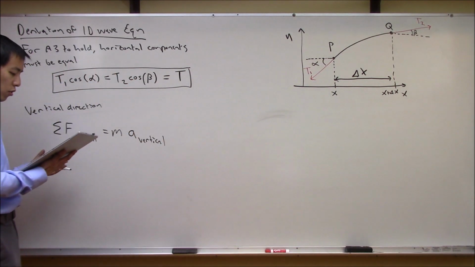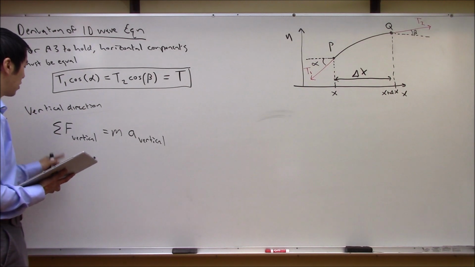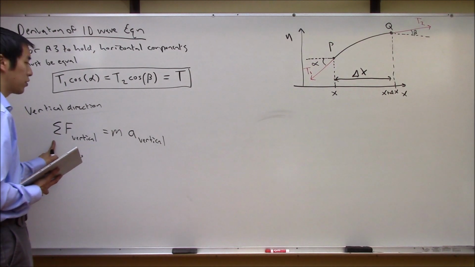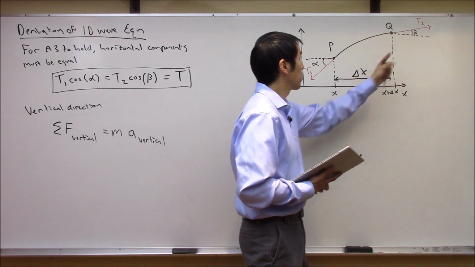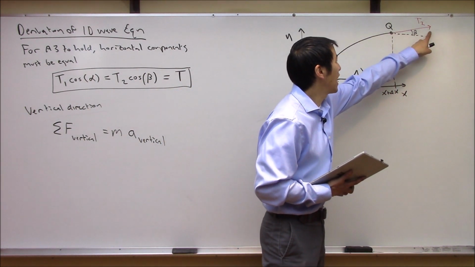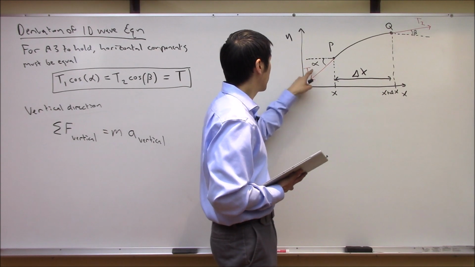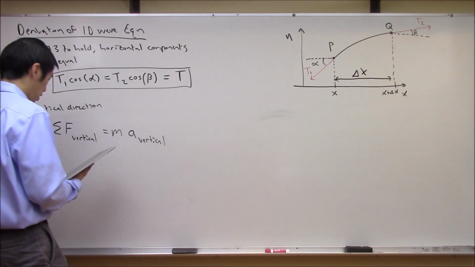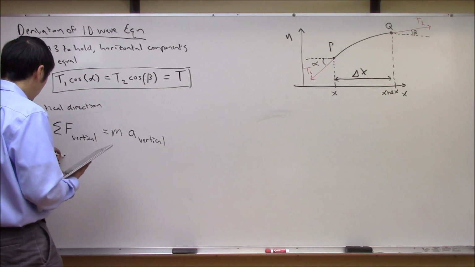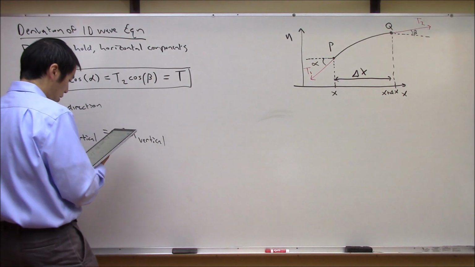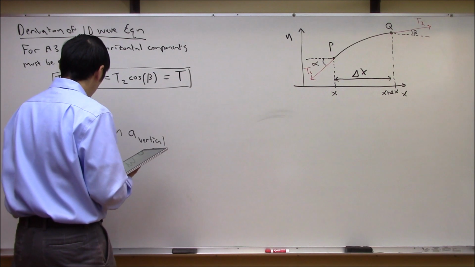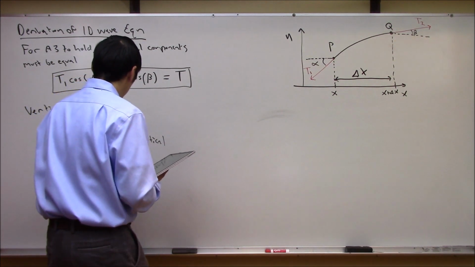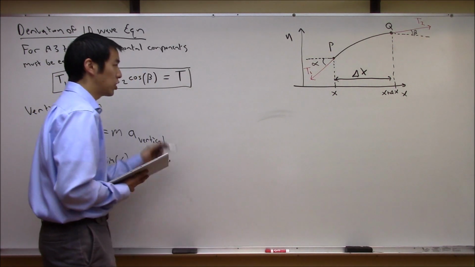Okay, so all we have to do is start adding this up. First, let's get the forces in the vertical direction. Looking at our picture, the vertical forces are T2 sine beta minus T1 sine alpha. So T2 sine beta minus T1 sine alpha is equal to the mass times the acceleration in the vertical direction.